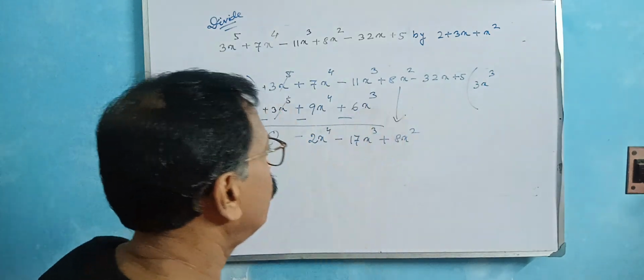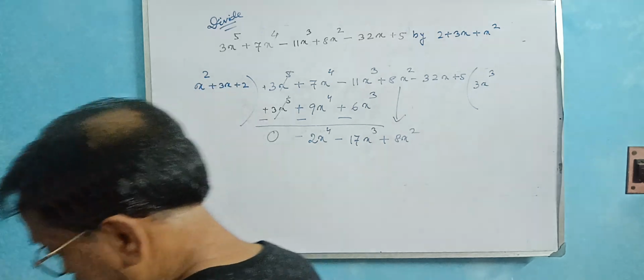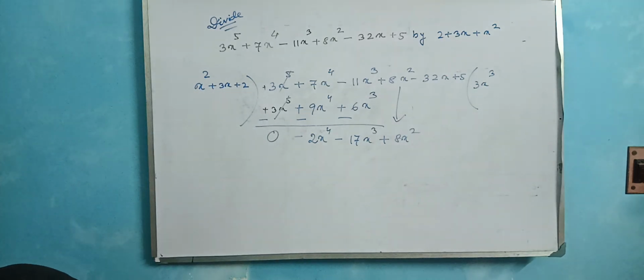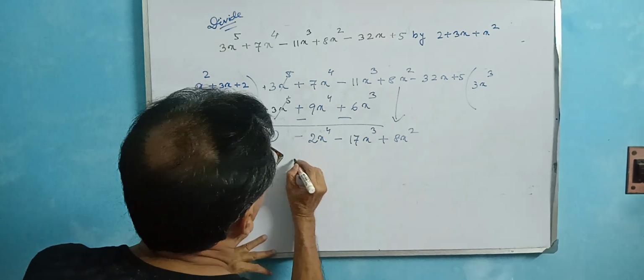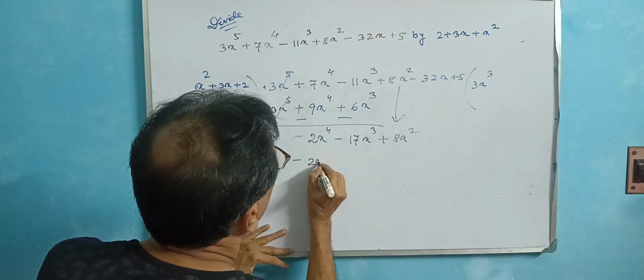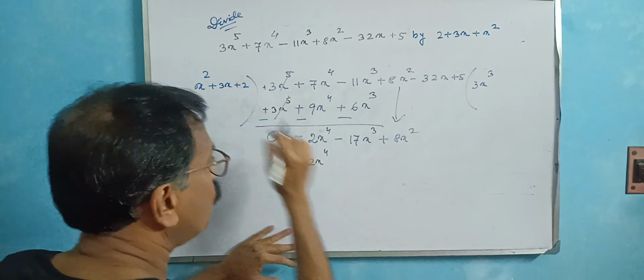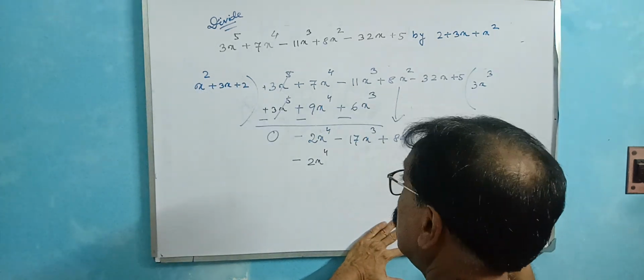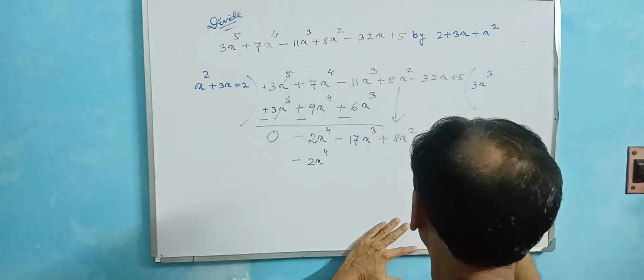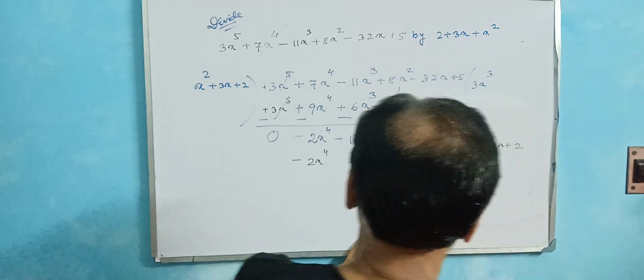So do it very minutely. Now what is your target? Target is minus 2x to the power 4. Multiply it with x square plus 3x plus 2. What is your target?